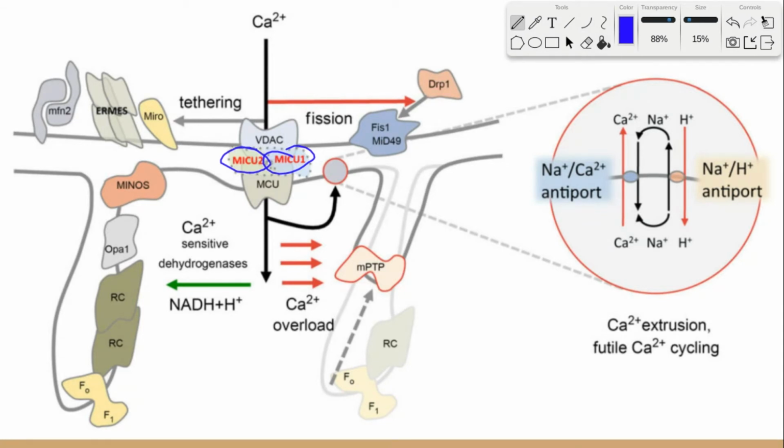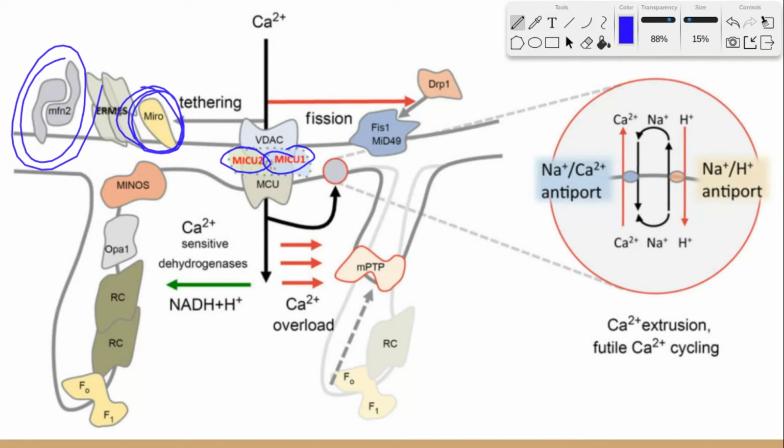They regulate MCU calcium transfer. MFN proteins are present, and these are responsible for tethering our mitochondria, perhaps to the ER, or mediating fusion of the outer mitochondrial membrane. We have another interesting protein, MIRO.